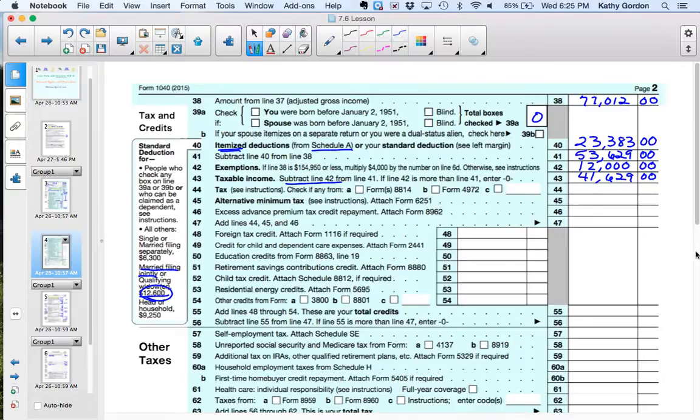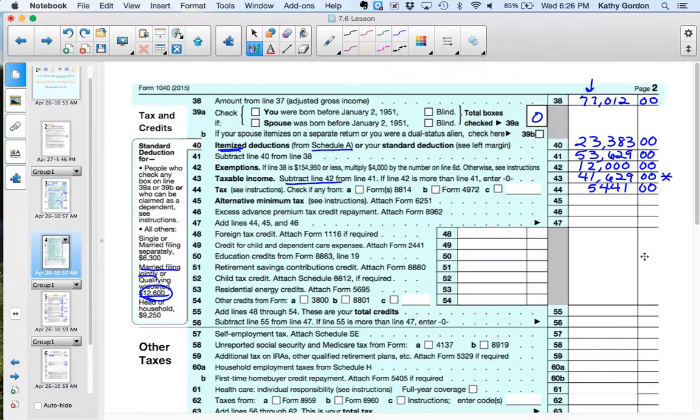And now, this is what we go find on the tax table. So instead of the $77,000 amount that I had here at the top of the page, I'm now down to $41,000 that I'm actually going to have to pay taxes on. And so when you look that up in the back of the book in the tax table, we end up with a tax of $5,441.